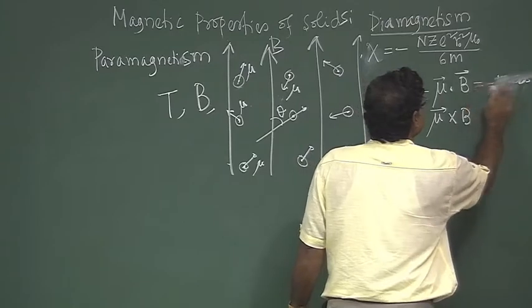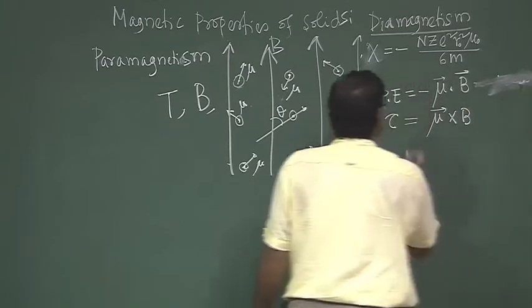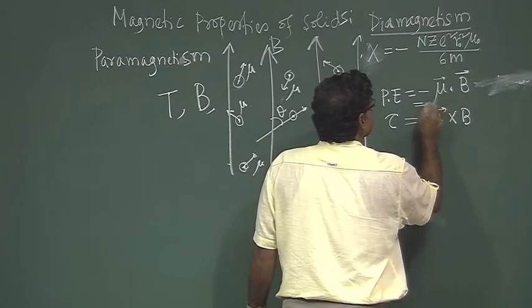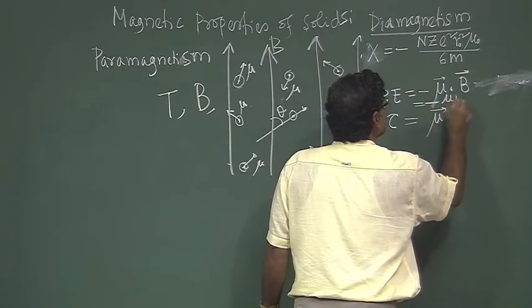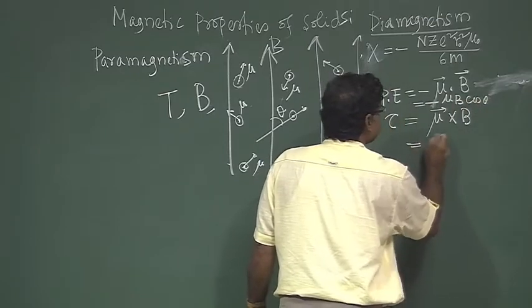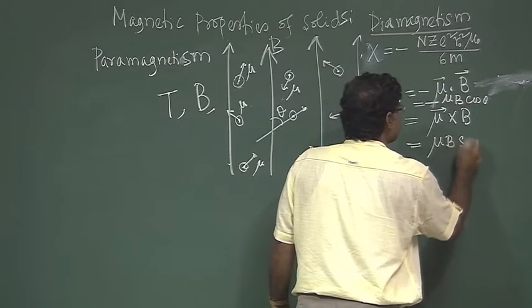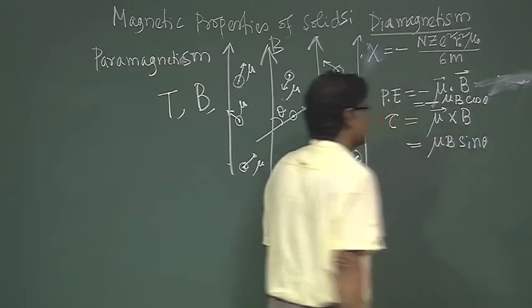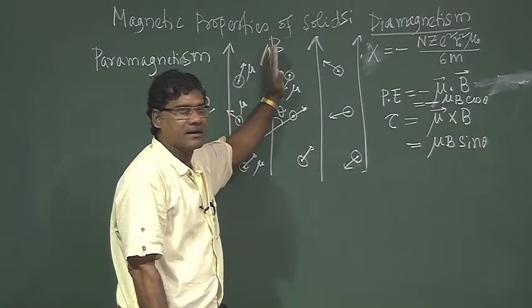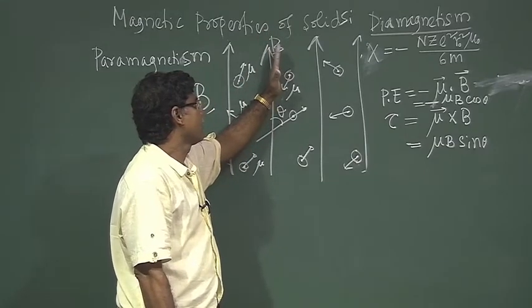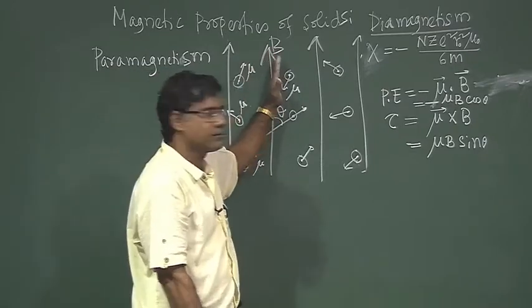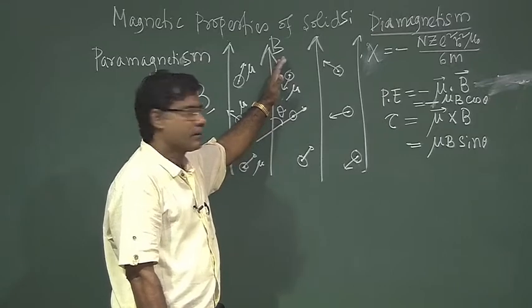So, potential energy will be minus mu B cos theta, and this torque will be mu B sin theta, right. Now, my magnetic field magnitude and direction are fixed, say I have applied a particular magnetic field in a particular direction, right.